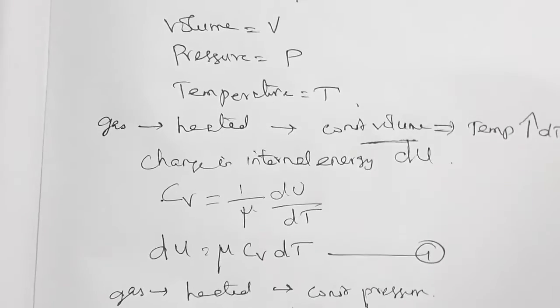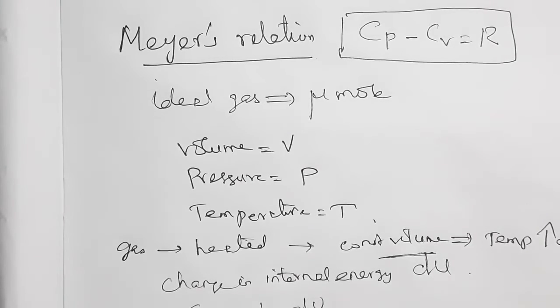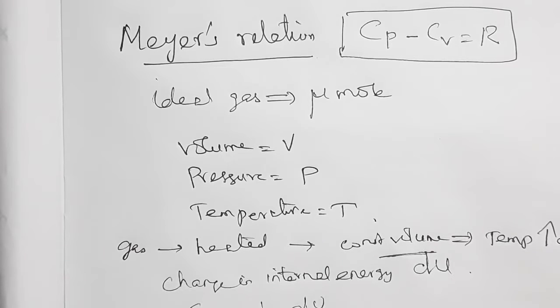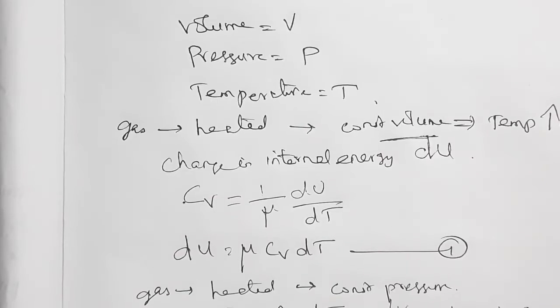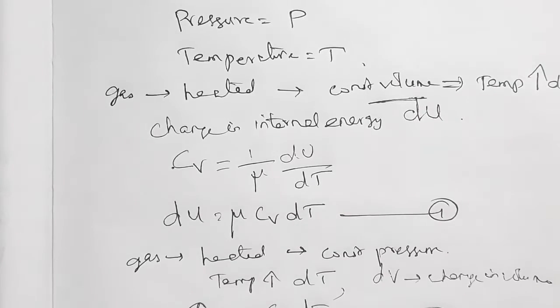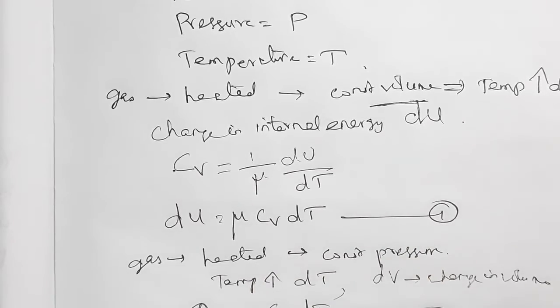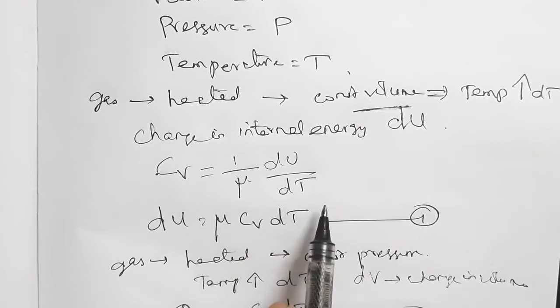So listen, we have taken an ideal gas, mu mole of ideal gas with the pressure P, volume V and temperature T. Now we are going to find the relationship of Meyer, Cp minus Cv equal to R. For that, first the gas is heated at constant volume. So the temperature increases and the internal energy changes.